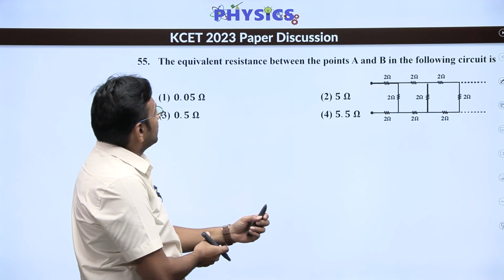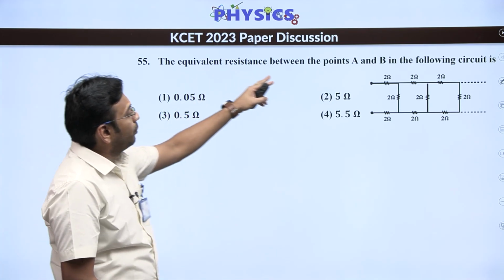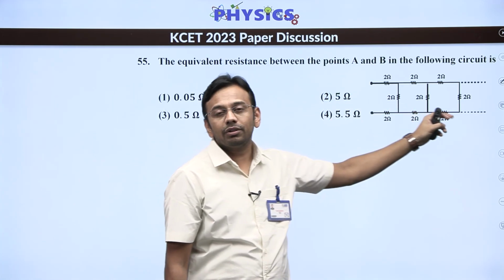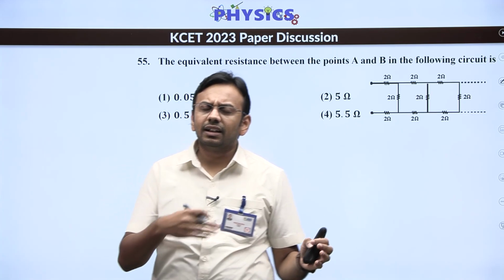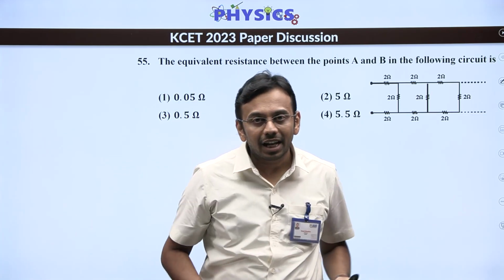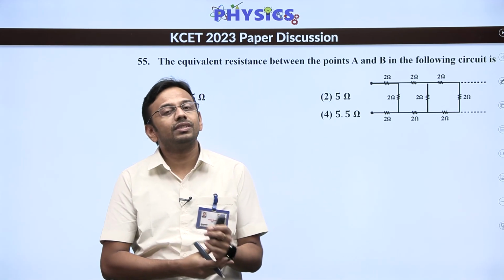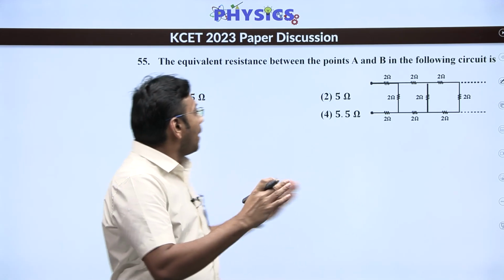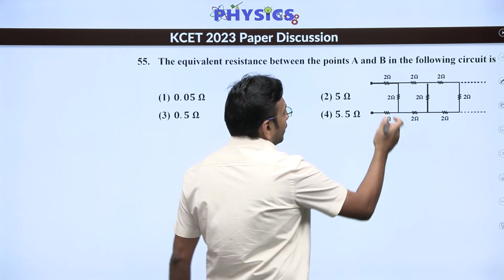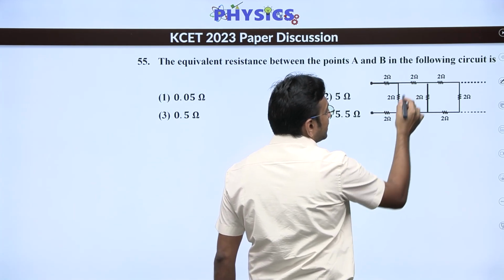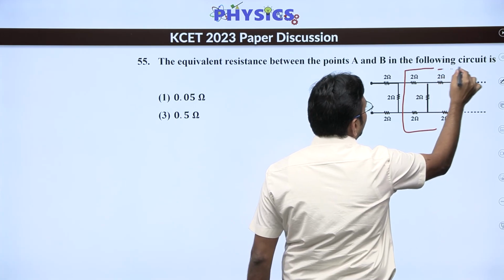The equivalent resistance between the points A and B in the following circuit is, now again this is a classic infinite ladder type of question. The approach for all such infinite ladder questions is always the same. After this first step, we can see that the pattern keeps on repeating here.